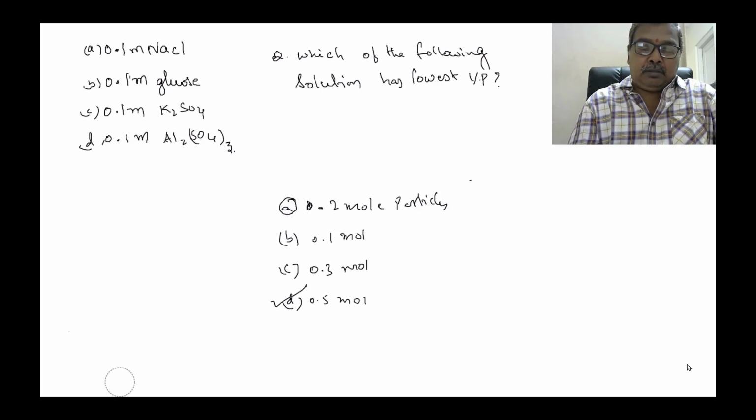Now, delta P, this is lowering of vapor pressure.